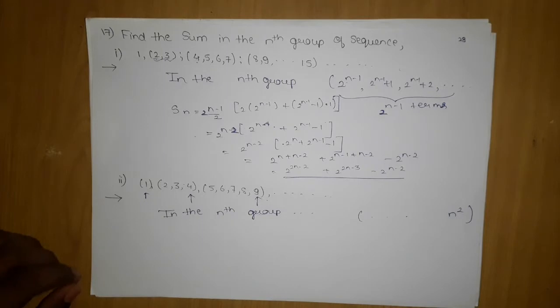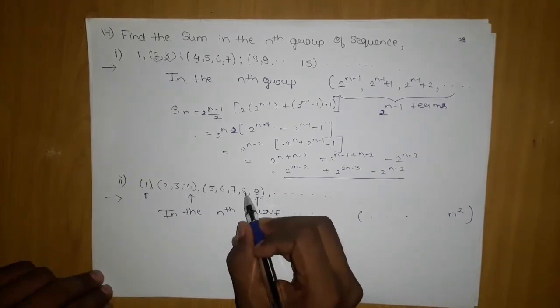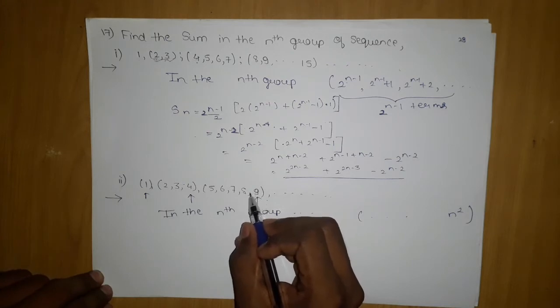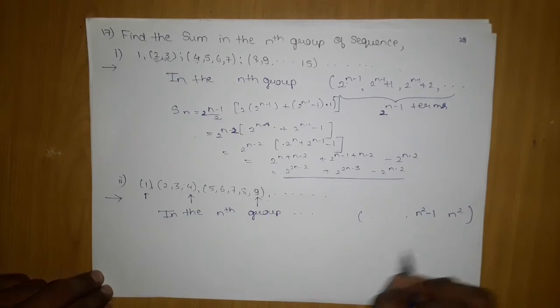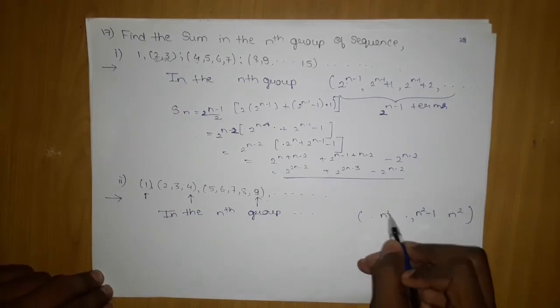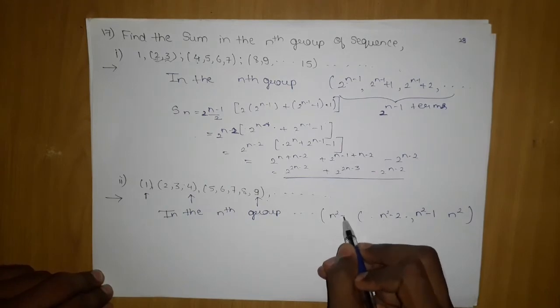But we can observe one more thing: if it is 9, the number coming before 9 is just 1 less, so I can write the number coming before as n square minus 1, and similarly n square minus 2. So it will go on till n square.